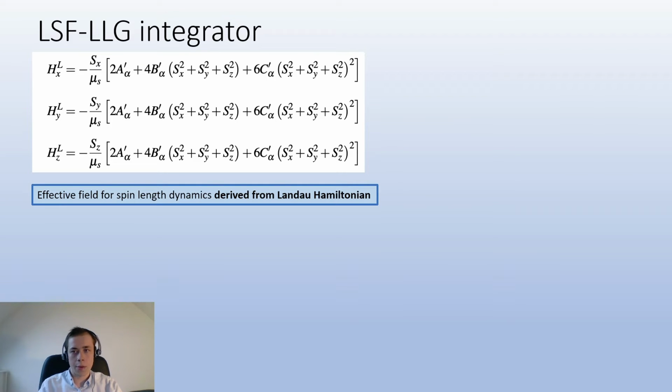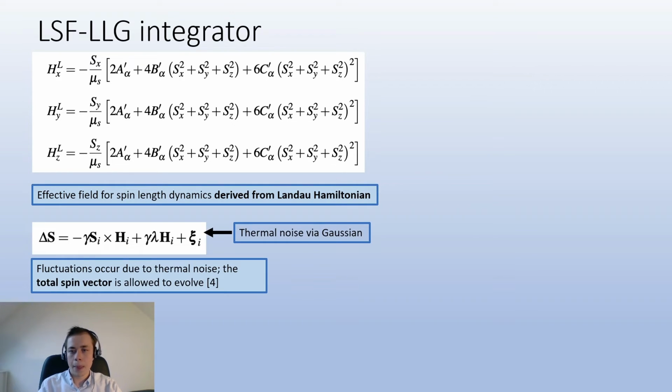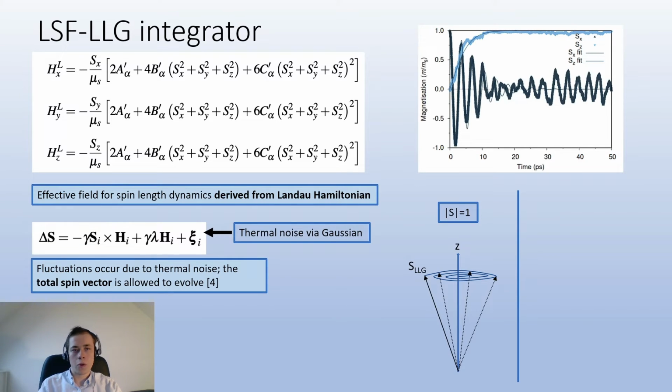And so that's the result of this here. So in addition to a minor change to how the thermal noise is included in our integration steps, we are now able to model the spin rotating on a unit sphere, but also having its length vary across this time.